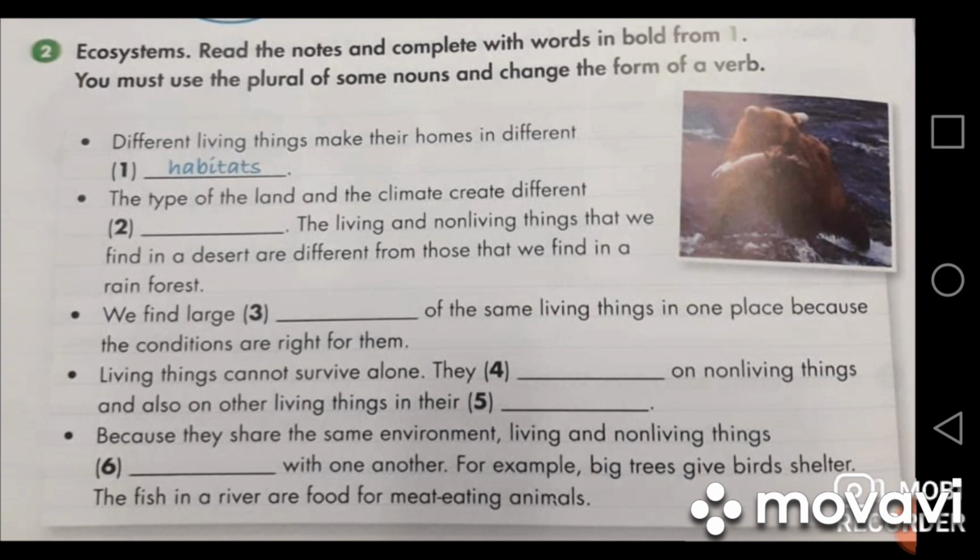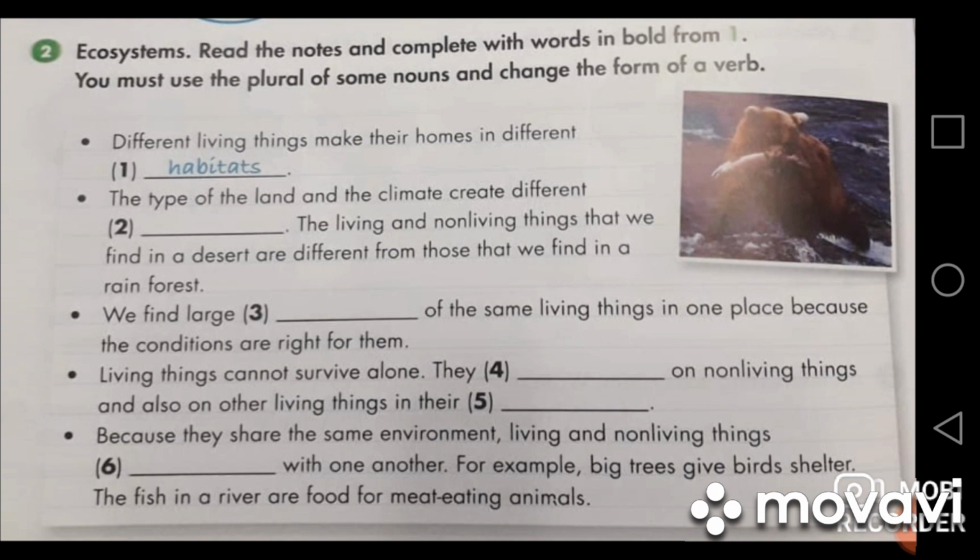Before writing those words in these blanks, you have to change either them into the plural form or you have to change the noun into verbs. Number 1 is done for you as an example and we have to complete the rest. Let's read them one by one and solve them. The type of the land and the climate create different ecosystems.